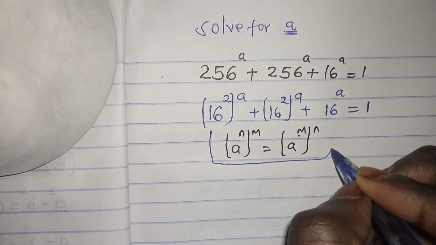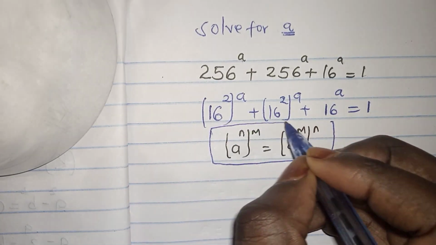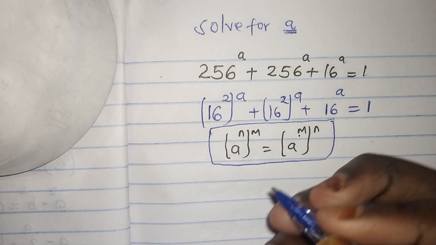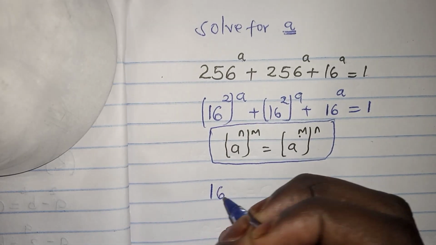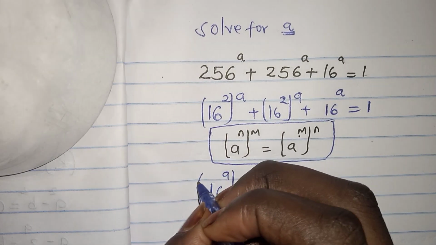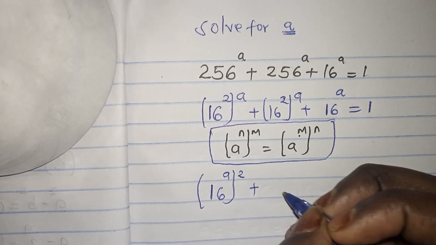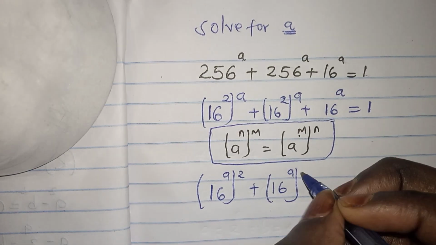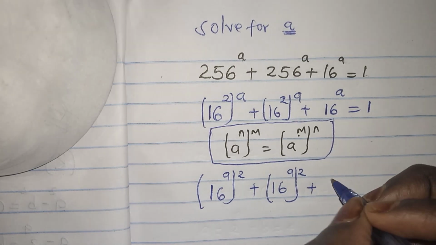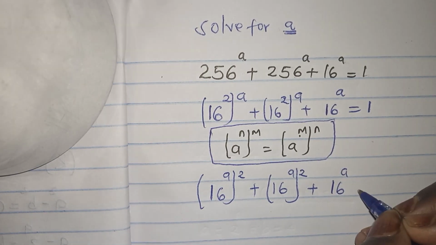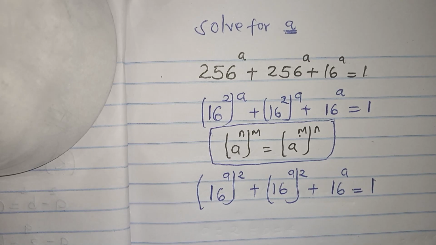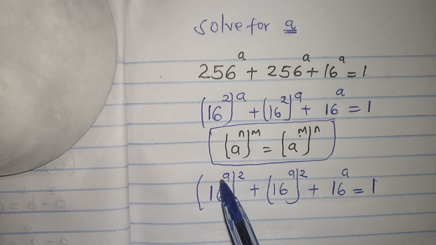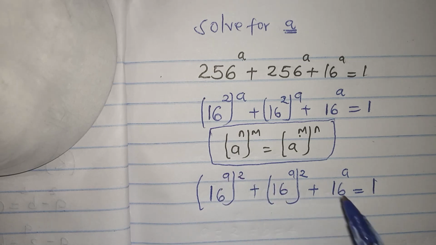We are exchanging the powers, and we are going to apply this rule over here, and it will be 16 to the power of 2, all this to the power of a, plus 16 squared, all this to the power of a, plus 16 to the power of a is equal to 1, right? So we have exchanged our powers. We have switched our powers.